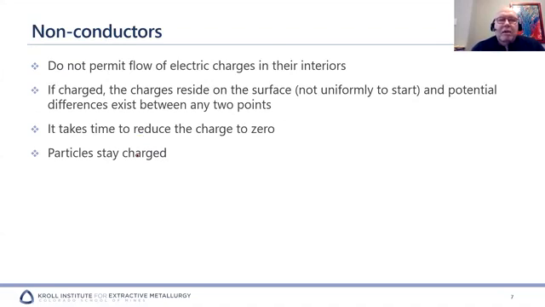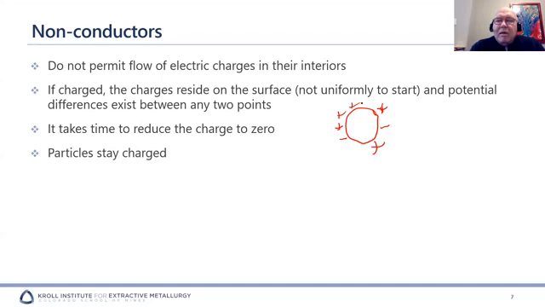Non-conductors do not permit flow of electric charges in their interiors. So it starts out that it's not very uniformly charged. You might have a charge here and a charge here. You have a negative charge, and then a bunch more plus charges. It's not very uniform.